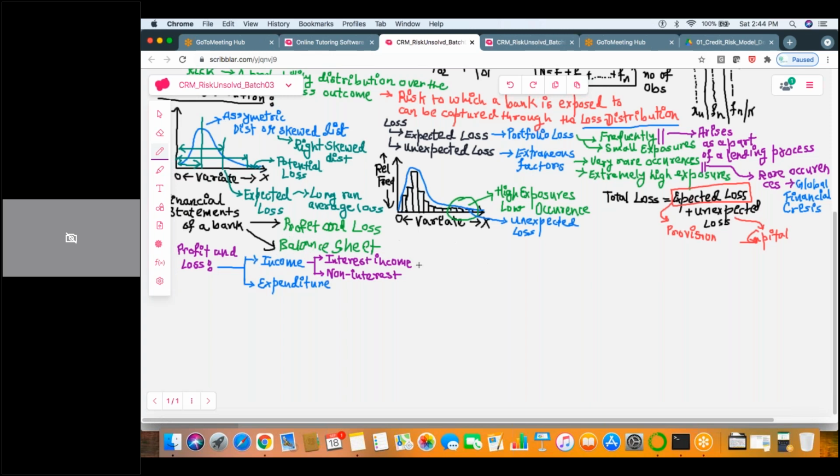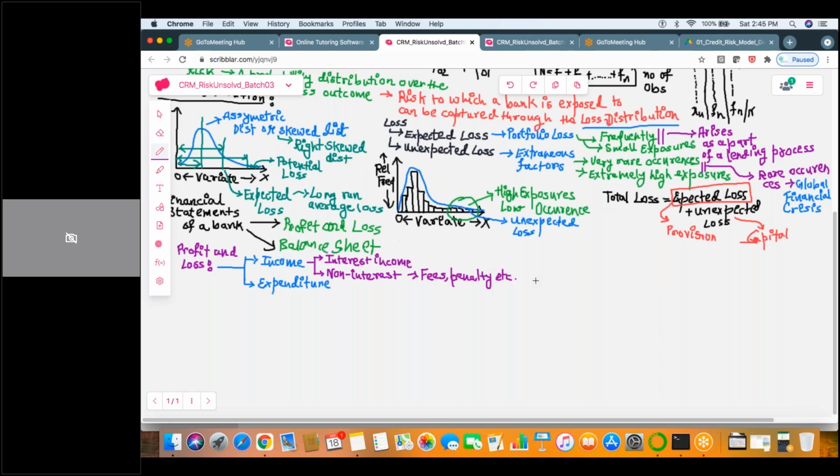And non-interest income comprises of the income from the fees of the bank, fees, penalty, etc. So we have an interest income and we have a non-interest income.